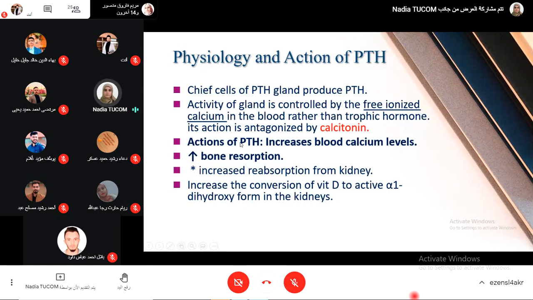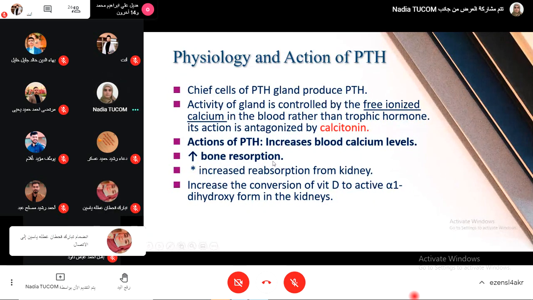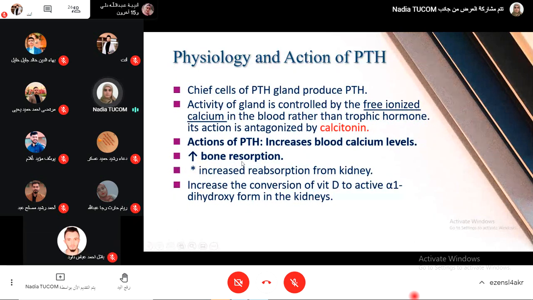In general, parathyroid hormone acts to increase the blood calcium level by increasing bone resorption, activating the bone osteoclast-like cells to resorb bone and elevate the level of blood calcium.